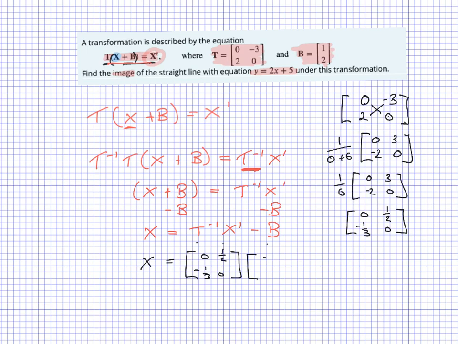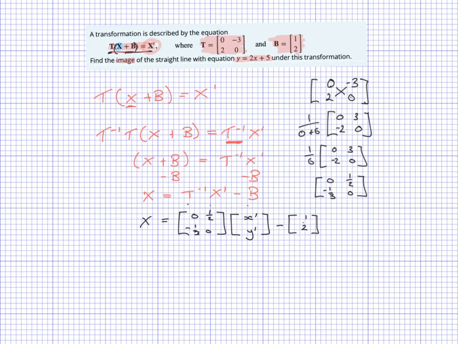The image point matrix is this. Oh, not plus. And the translation matrix is this. Now it's just a matter of calculating this out and simplifying as we go. So I have, multiplying rows by columns, 1/2 y image.